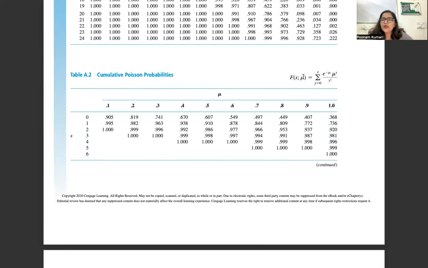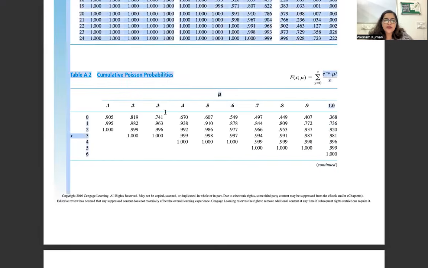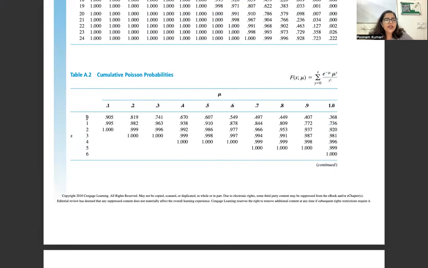So what is this doing? This is telling you the CDF value. So y value going from 0 to x, and it's summing all those probabilities, right? So यहाँ पे they have given you mu value. So based on different mu values, and whatever different x values are there, they've also given you that. ठीक है?